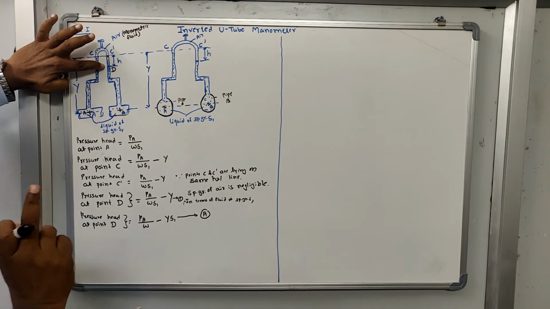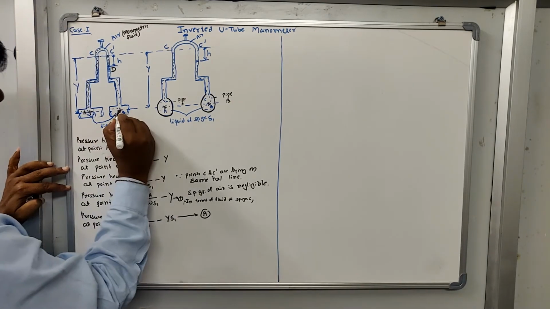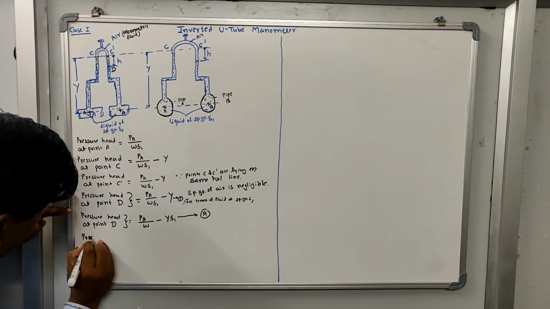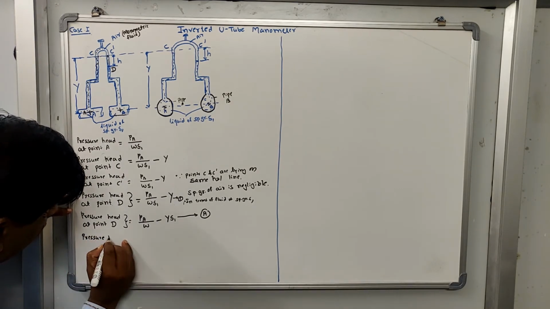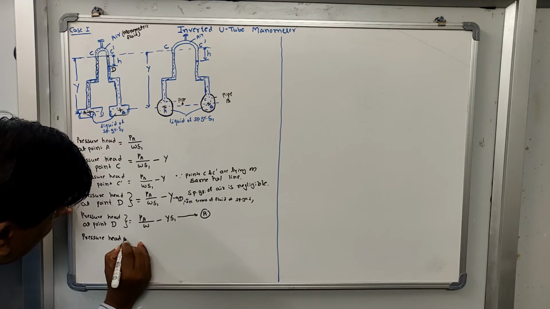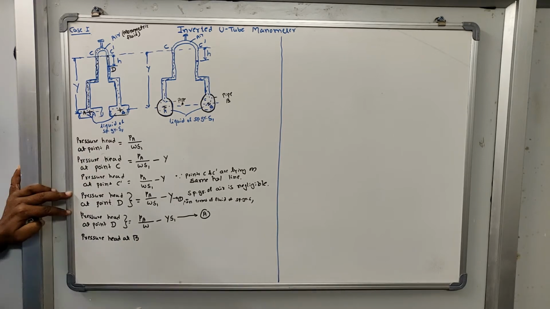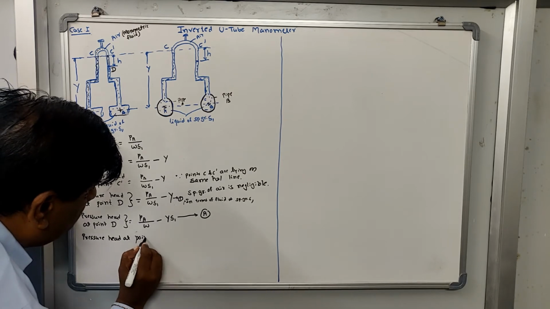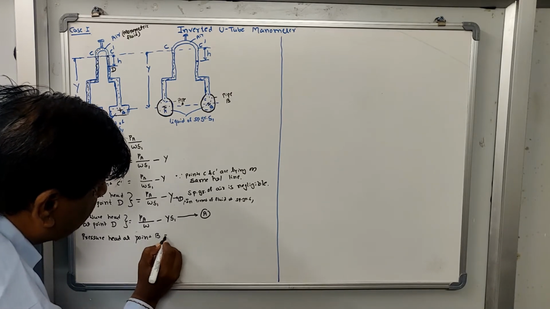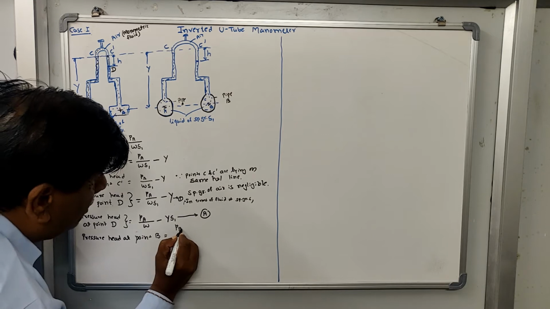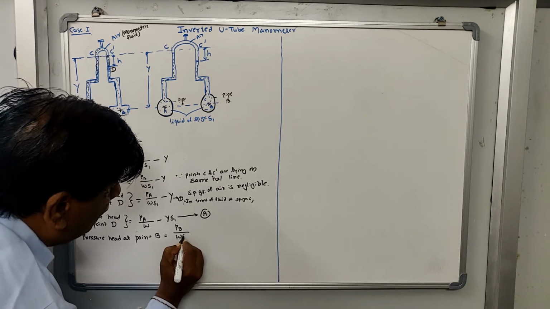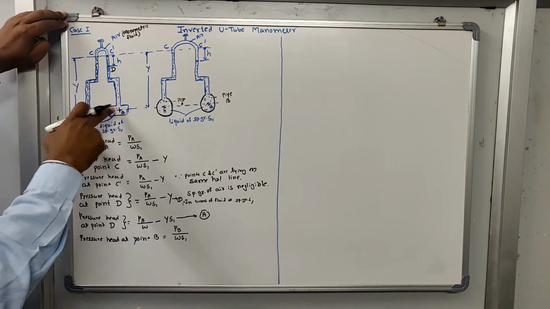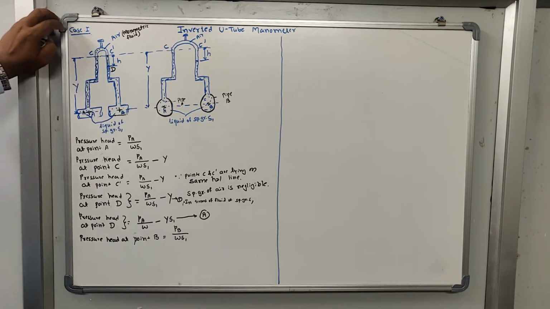In terms of water. So let us start from point B. Okay, pressure head at point B is equal to PB divided by WS1, because the same fluid is flowing inside the pipe.